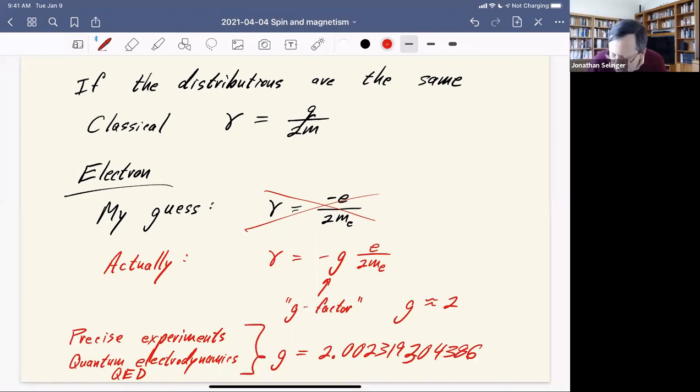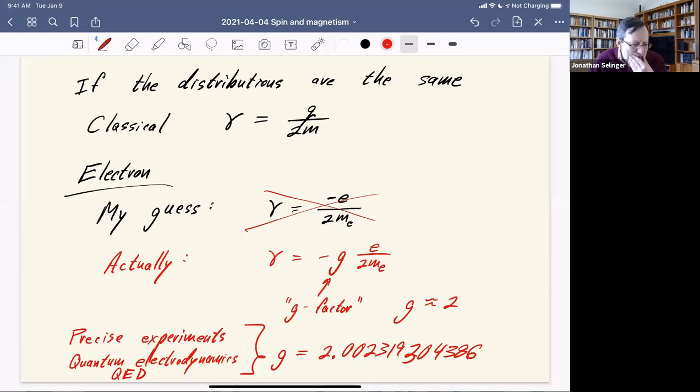Anyway, it's calculated to all these significant figures, and it actually agrees with the experiment. This is an amazing triumph of theoretical and experimental physics, to measure and calculate anything to this many digits and see an agreement. But this is actually true. So this is just the remarkable bit of trivia for the day.